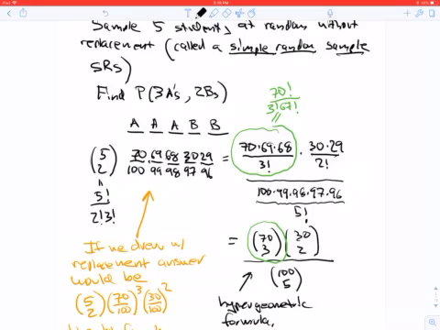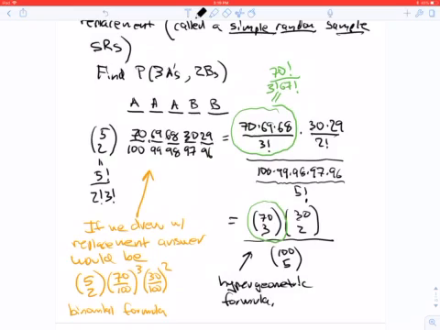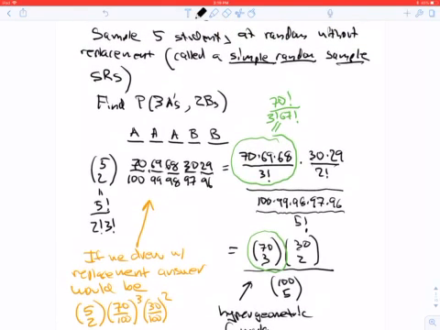Now I just want to make note that had we drawn with replacement, then this would have just been exactly a binomial formula application, and you would have gotten 5 choose 2 times 70 over 100 cubed, 30 over 100 squared. So it's really the same thing. And when we're doing it this way, what is our sample space?